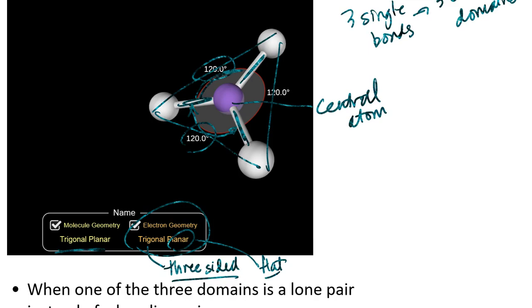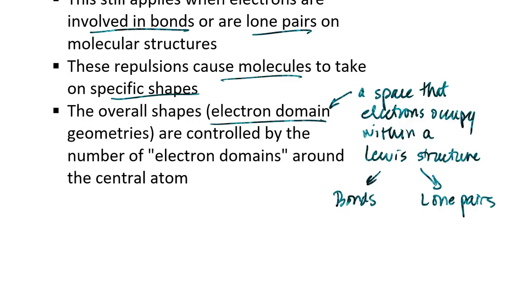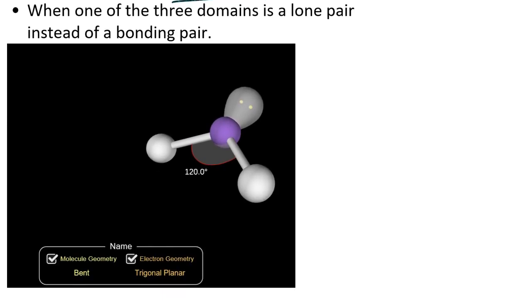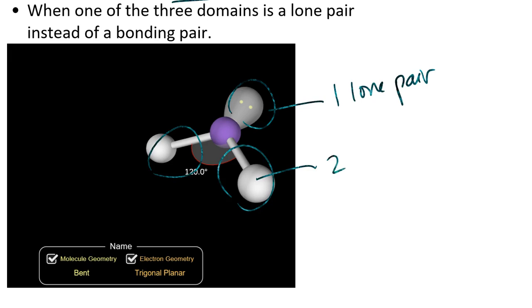But remember I said earlier that basically electron domains can be bonds or they can be lone pairs as well. And so what if I have a model molecule that has 1 lone pair, but 2 bonds?